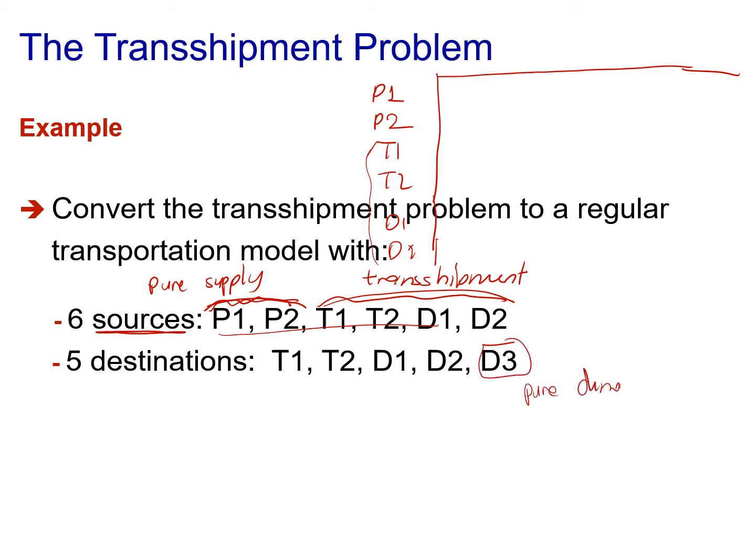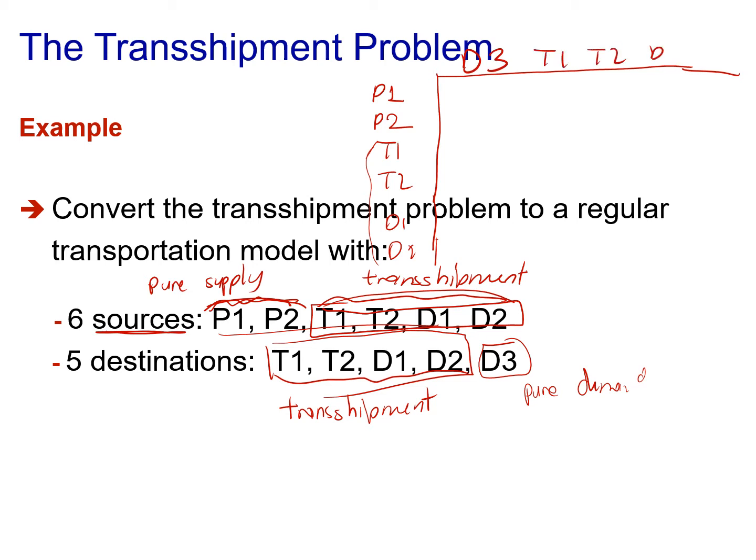And the others are the transshipment ones. The critical thing is, we are listing these transshipment points as sources as well as destinations. So here I can write D3 as the pure demand point, and then T1, T2, D1, and D2 as the transshipment nodes. Look, T1, T2, D1, D2 appear as rows as well as columns.